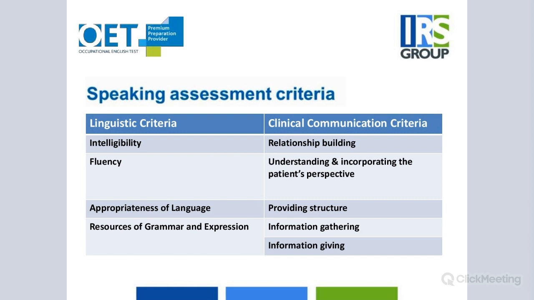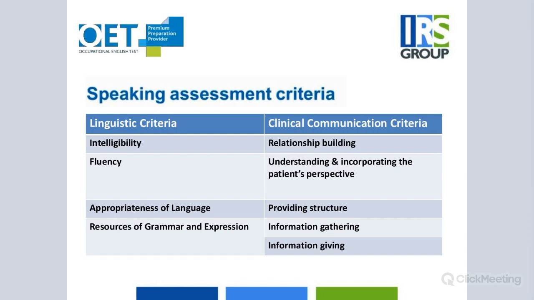The third criteria in linguistic is appropriateness of language. Yes, in the usage of language, you need to be very professional. You shouldn't be rude, you should be using good language. For example, you shouldn't be judgmental, and you shouldn't be giving an order.